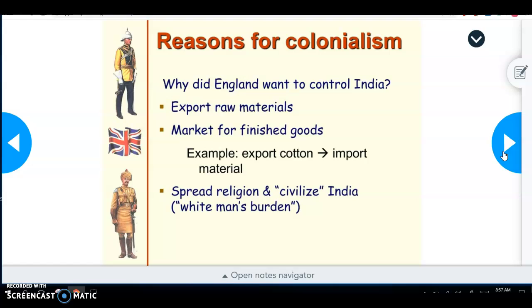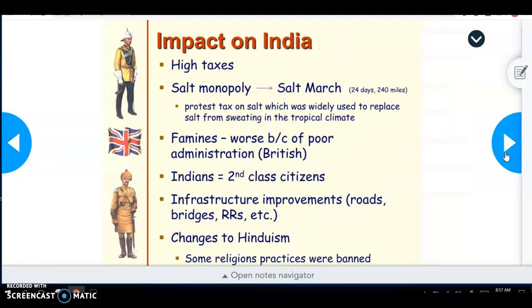And that raw material is then sent back to Europe and made into clothing, made into technology, made into transportation as a finished good. And then also they wanted to spread religion, specifically Christianity, and they wanted to civilize India. And what I mean by civilize is make them European, because the Europeans thought that they were superior over a lot of the other people around the world.